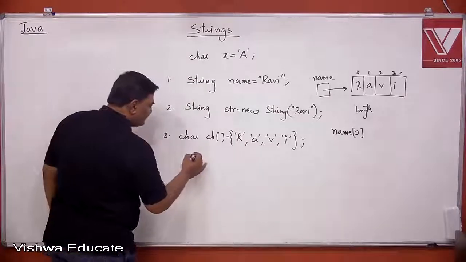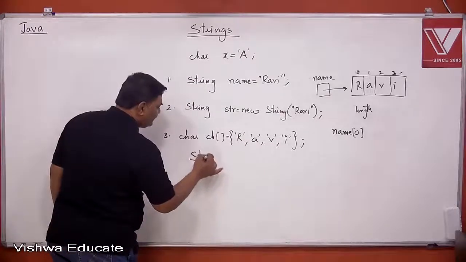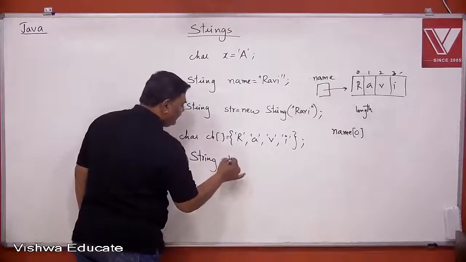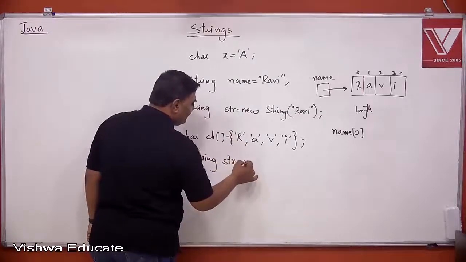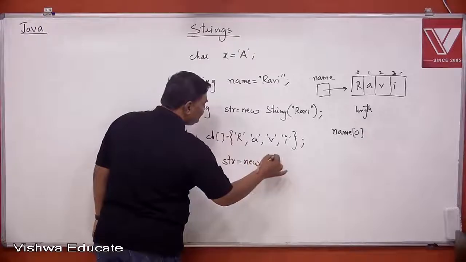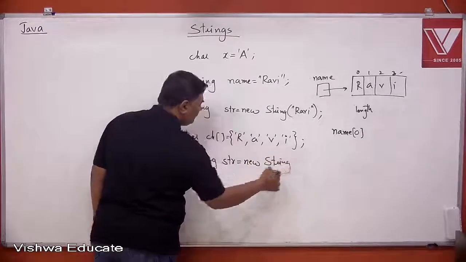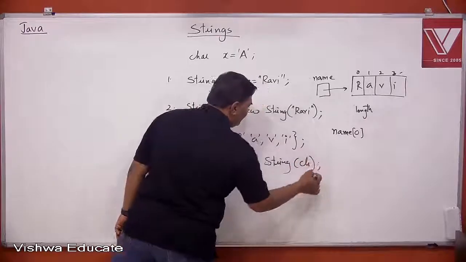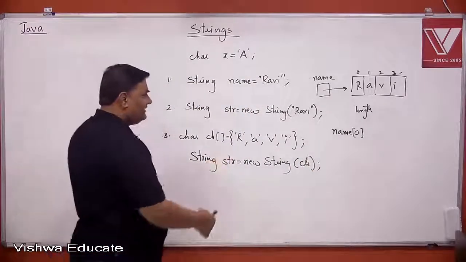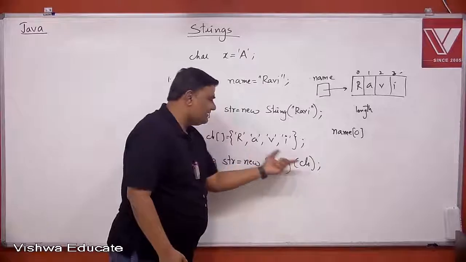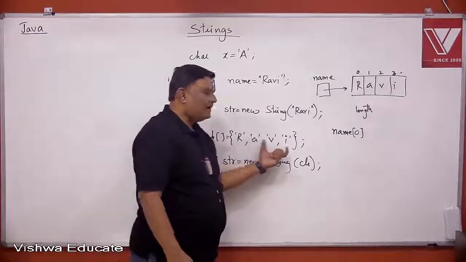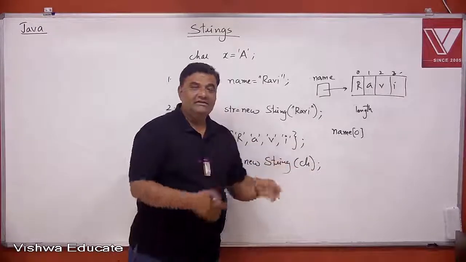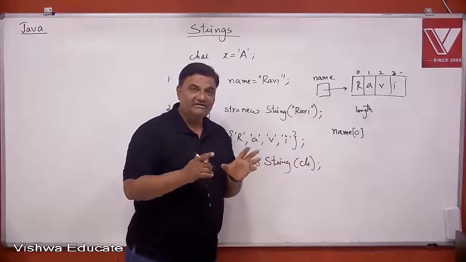Now the next step: I can say String str, using the same name, equals new String of ch. A string will be created using this array. This array has the alphabets RAVI, so it will form a single string, that is Ravi.